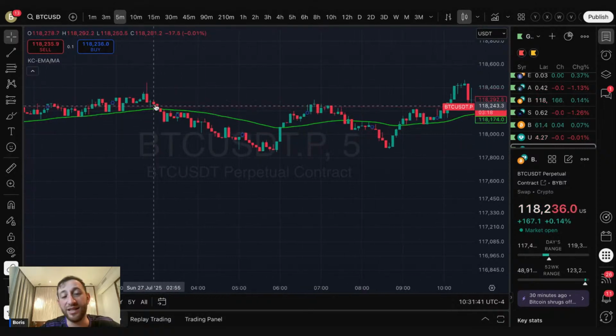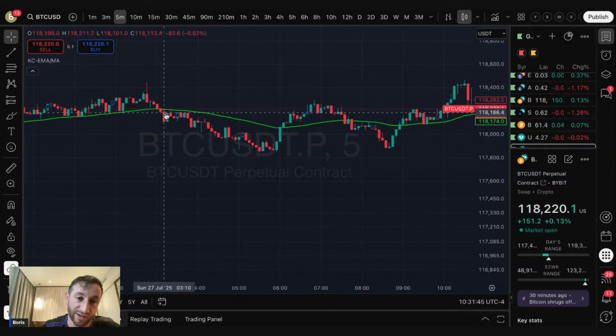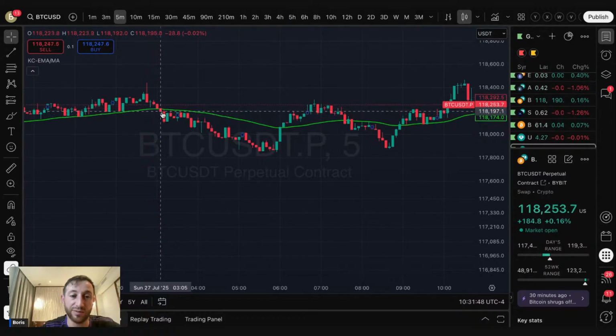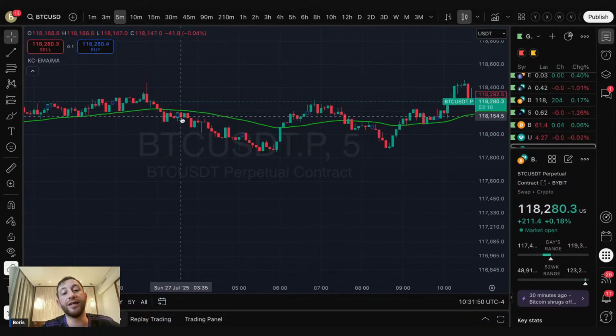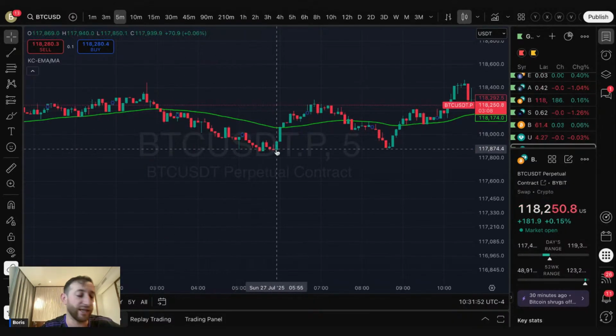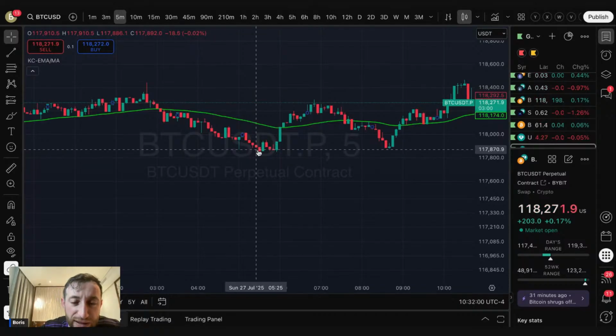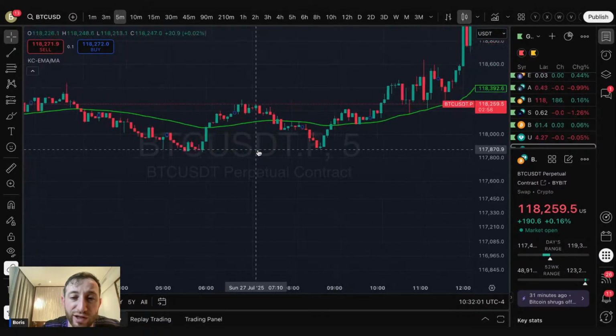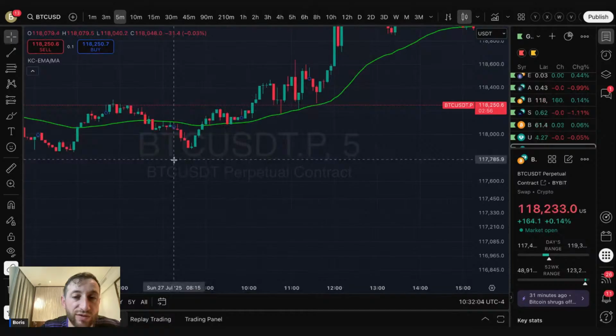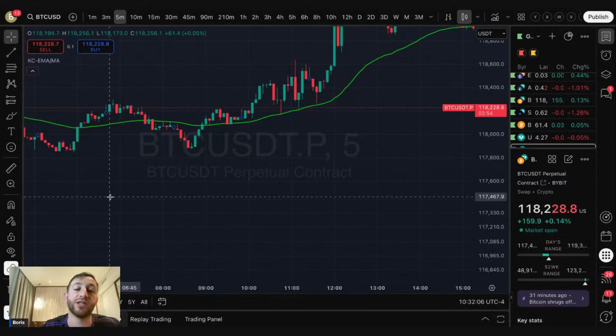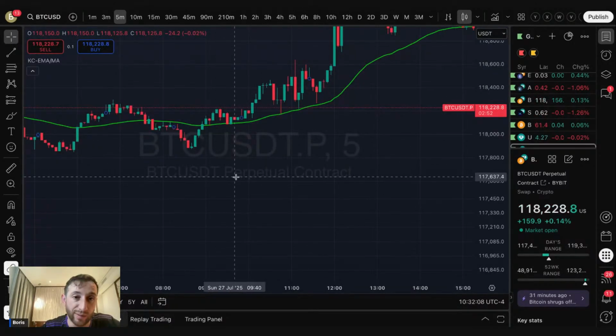Again, you could apply a short strategy, and this would have worked out: price crosses below the 55, and then it goes down somewhat, not that much, but just enough. So yeah, I think this is a very effective strategy, but it's more effective when you're following the trend. So the trend is to the upside right now.